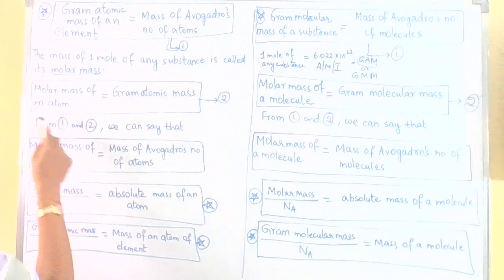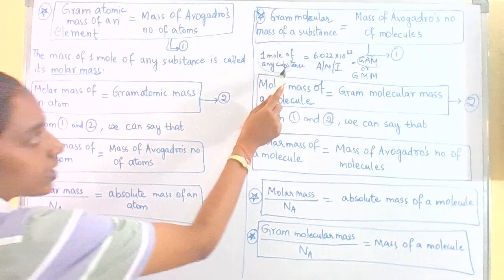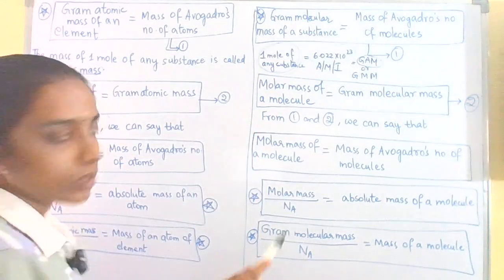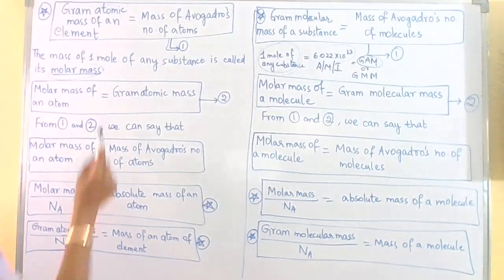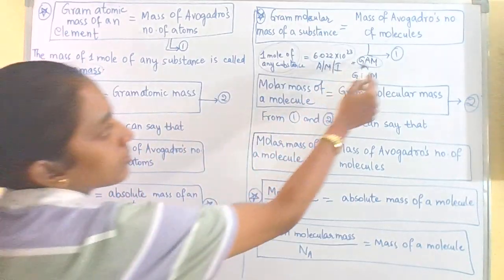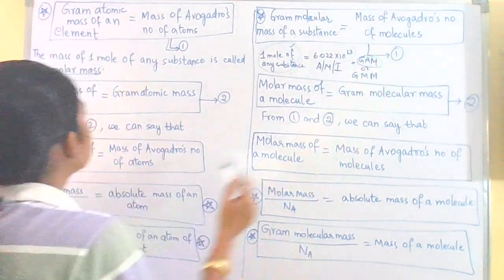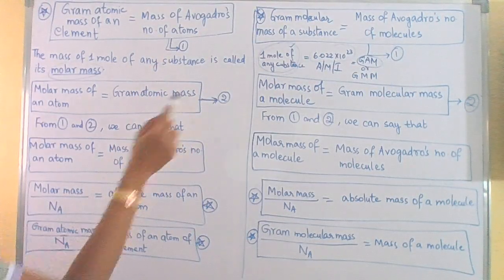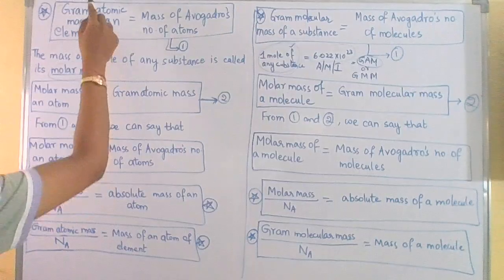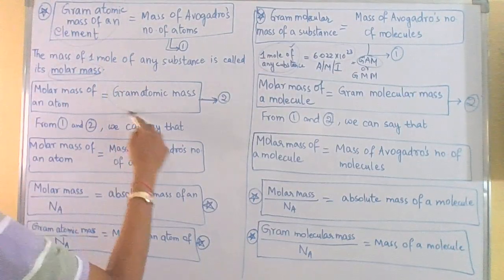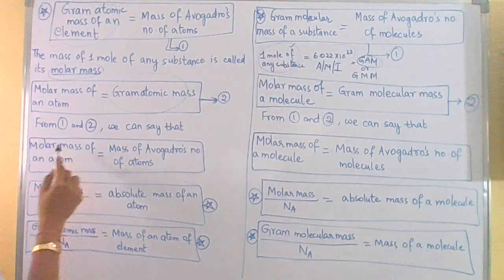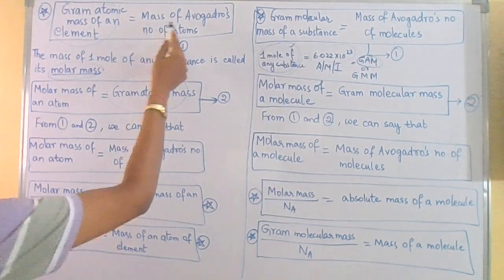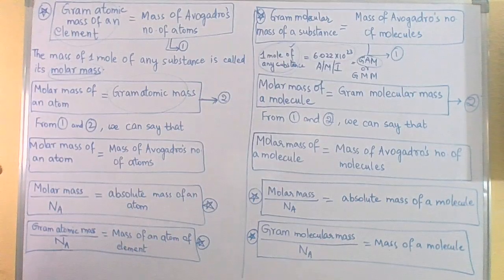So here, 1 mole's mass is equal to molar mass of an atom, which is equal to gram atomic mass. Yes, we'll take this as 2. Now from 1 and 2, what can we say? Here we have seen that gram atomic mass and gram atomic mass is similar. So molar mass of an atom is equal to mass of Avogadro's number of atoms.